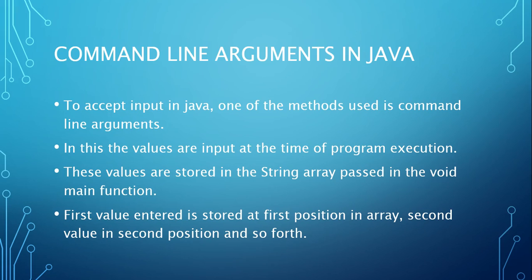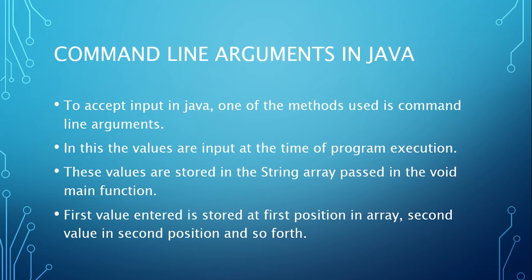It is now that we will see the actual usage of these command line arguments. So first of all, let us understand why they are called command line arguments. The reason for this is because these values are entered at the time when you are executing a Java program.